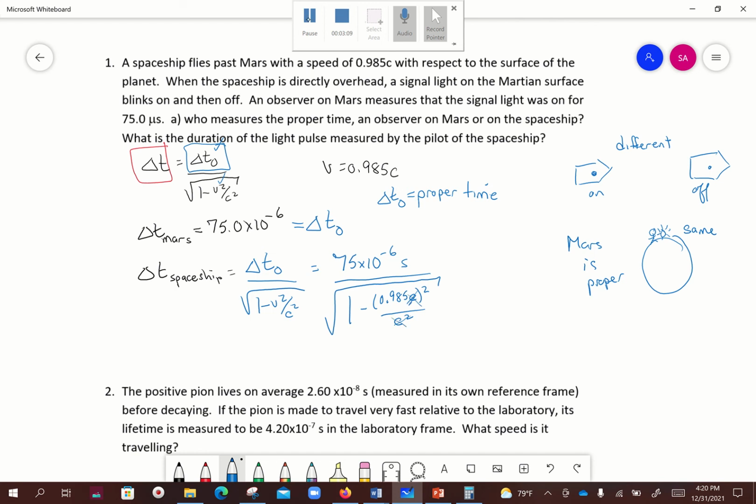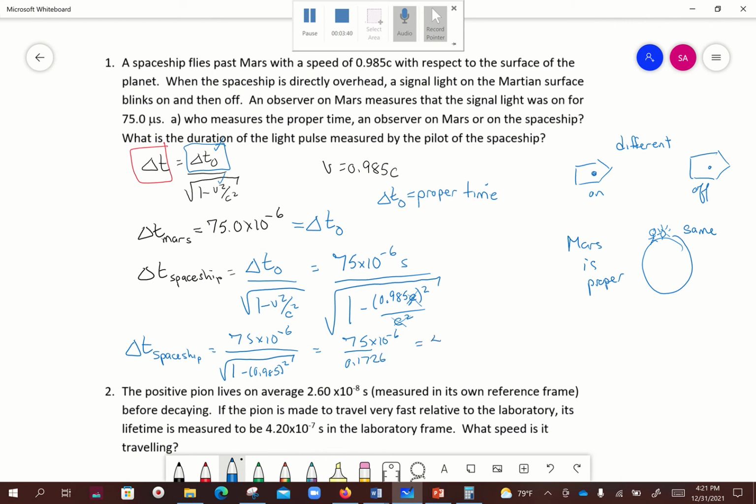So delta t on the spaceship is equal to 75 times 10 to the minus 6 over the square root of just 1 minus 0.985 squared. The denominator comes out to be 0.1726.